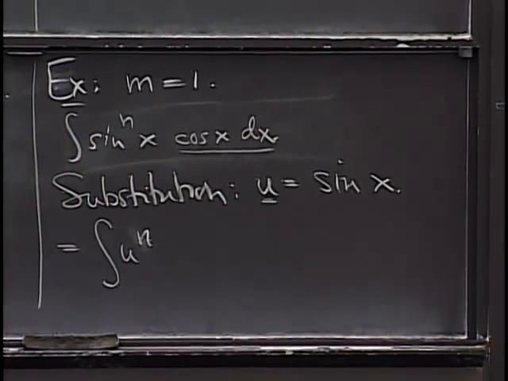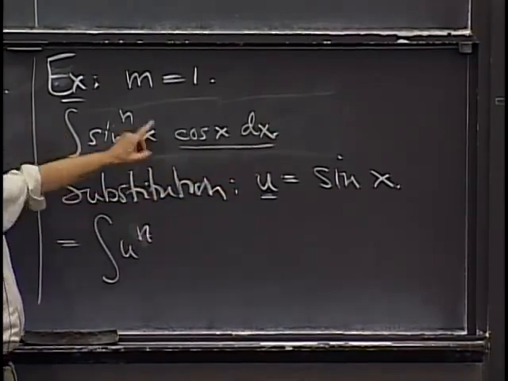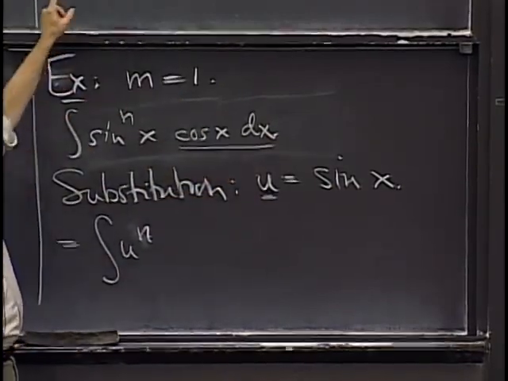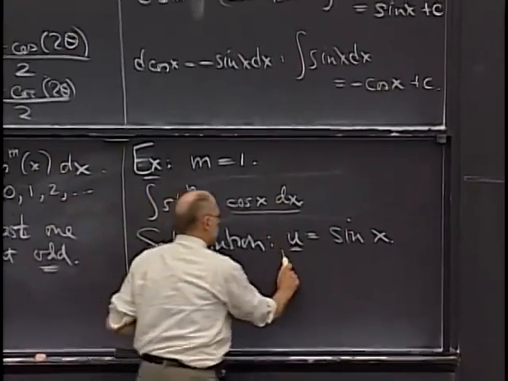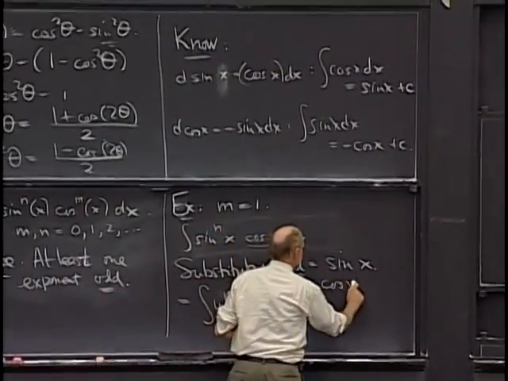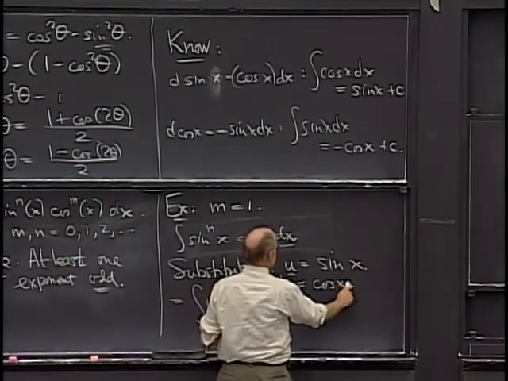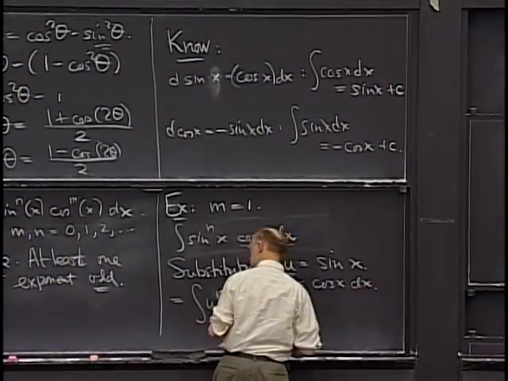So I'd better get rid of the cosine of x dx and rewrite it in terms of du, and I can do that because du, according to that formula, is the cosine of x dx. Let me put a box around that.